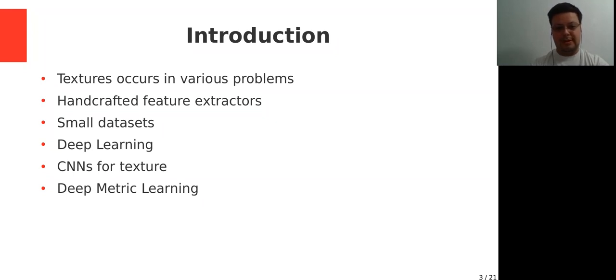So there are some proposals that use CNNs for texture. We have, for example, a proposal from 2015 from Cimpoi that uses FV-CNN, which is basically using a CNN as a feature extractor. And we have another proposal in 2016 from a student from Ireland, who proposed the Texture CNNs.